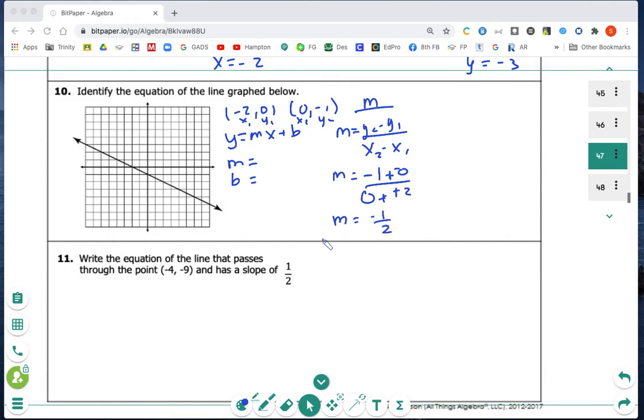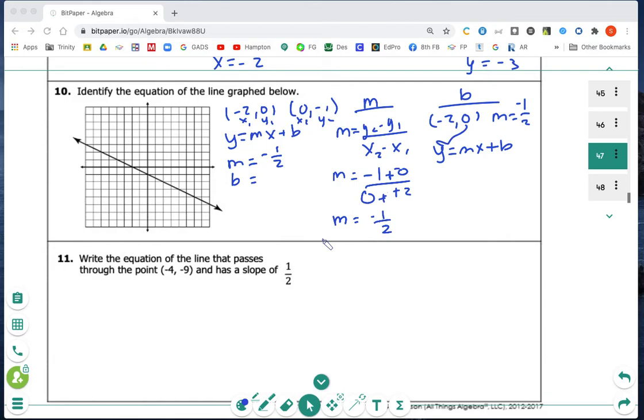So I have my slope, negative 1 over 2, and now I need my b. So I'm going to use negative 2, 0, and my slope is negative 1/2. So y equals mx plus b is my formula to find b.